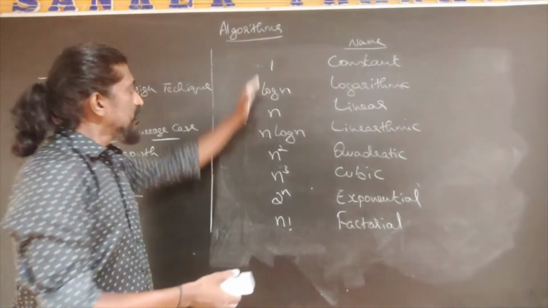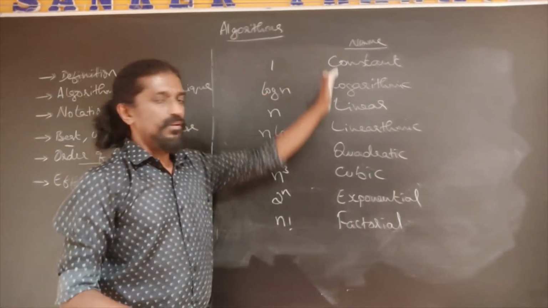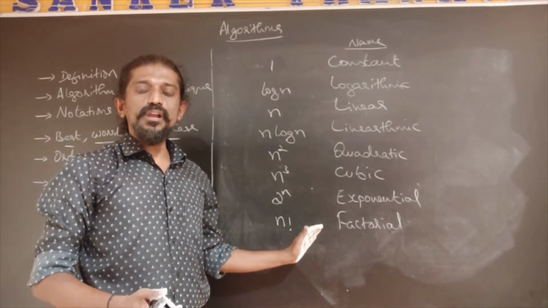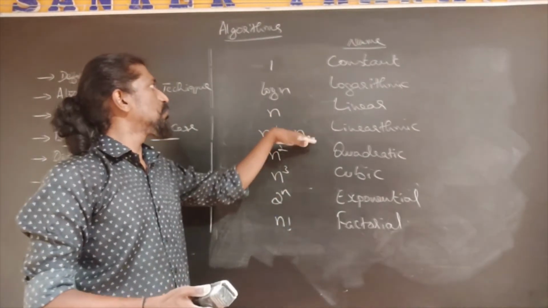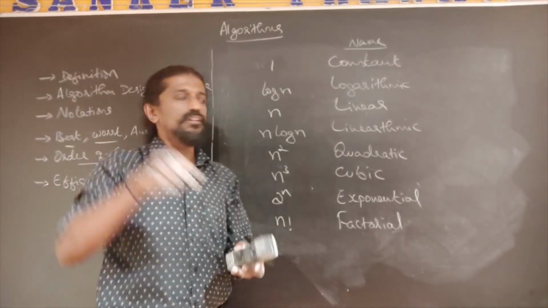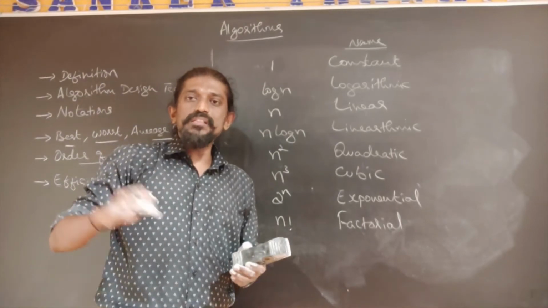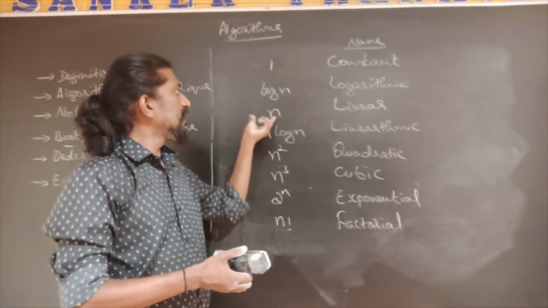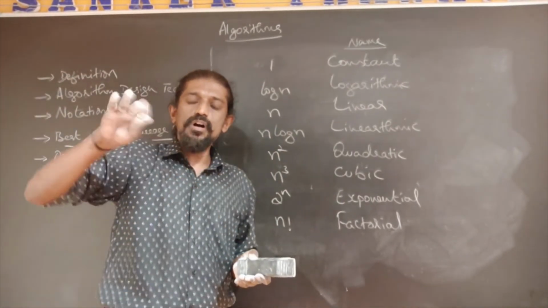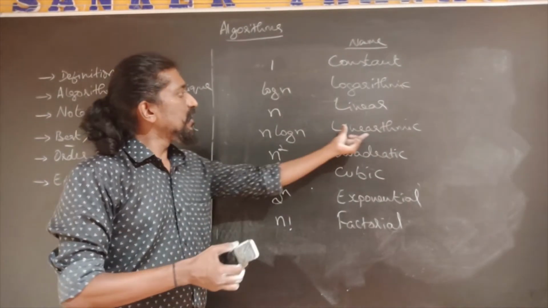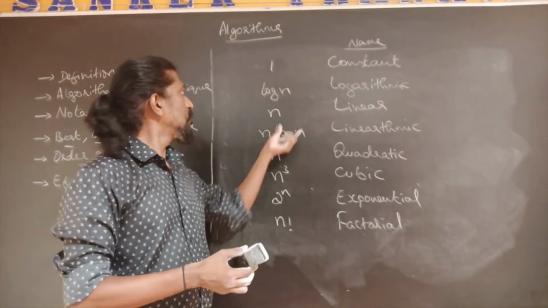It is written in the order of growth, meaning how fast the algorithm's running time increases with the increase in the input size. Constant is always constant. Logarithmic will always keep reducing by the same factor. Linear, like the linear search we saw: as the input increases, the running time also increases. This is linearithmic, n log n, n into logarithmic.